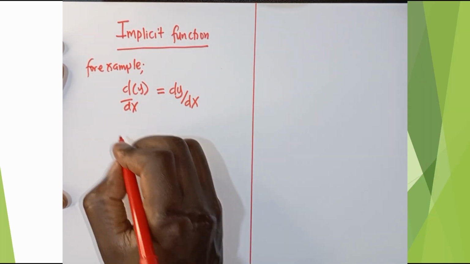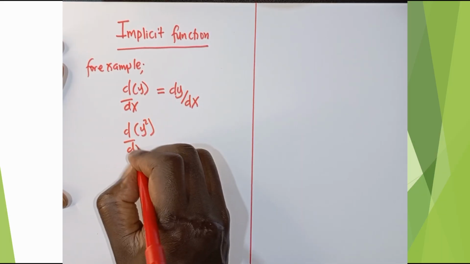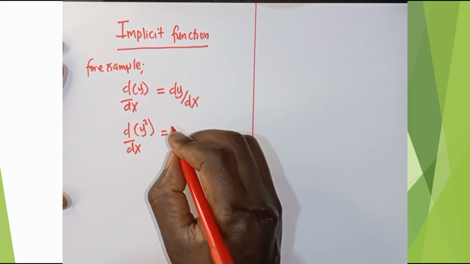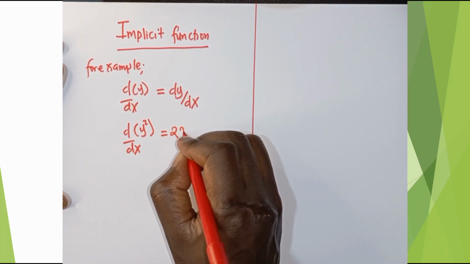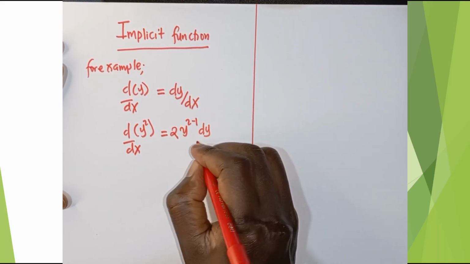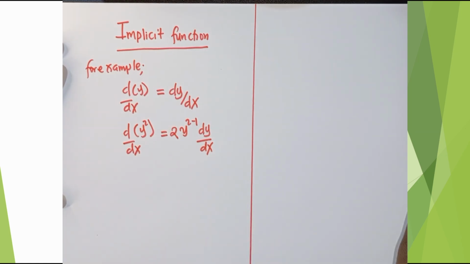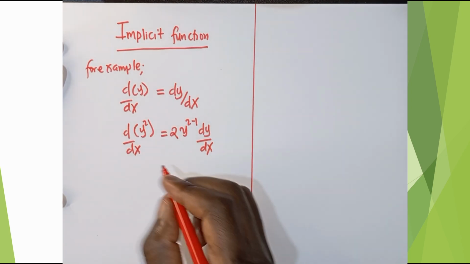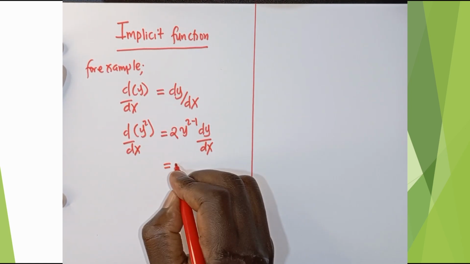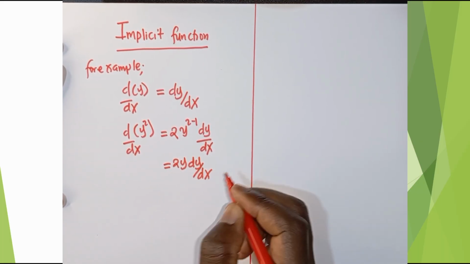Now, to differentiate y squared with respect to x, we drop the power, which is 2, we reduce the power by 1, and we attach it with dy by dx, because we are differentiating using chain rule. So this gives us 2y dy by dx.